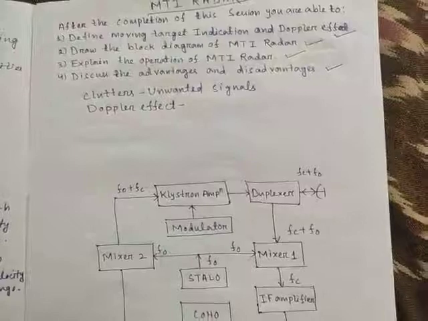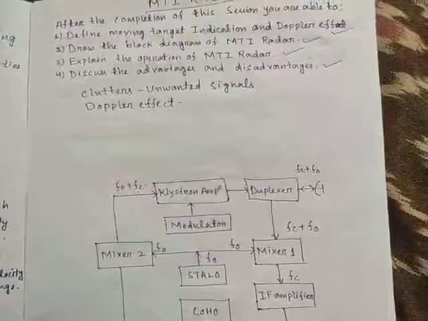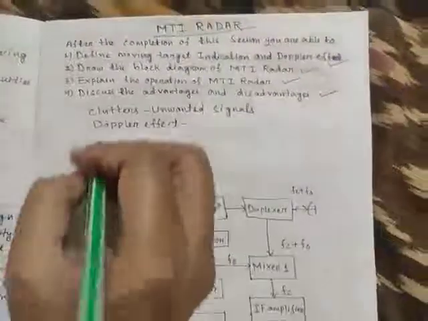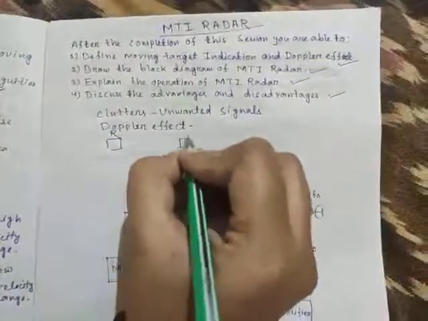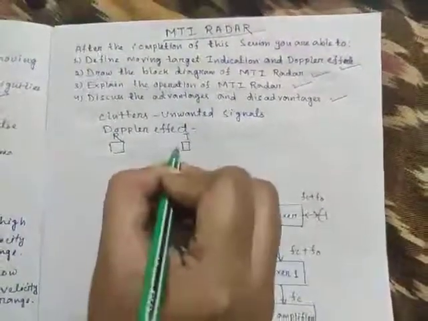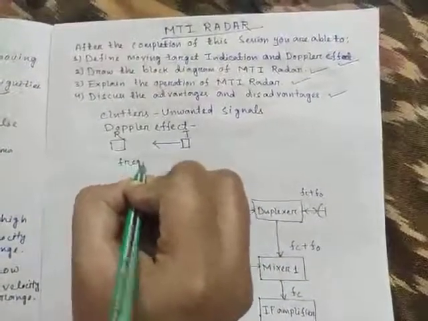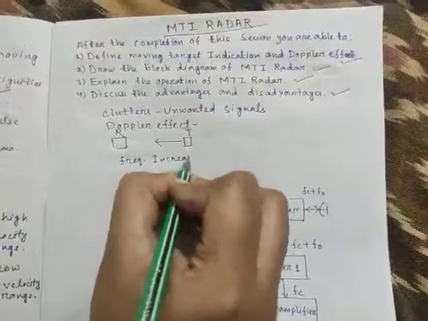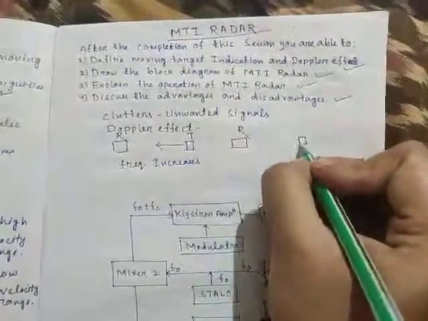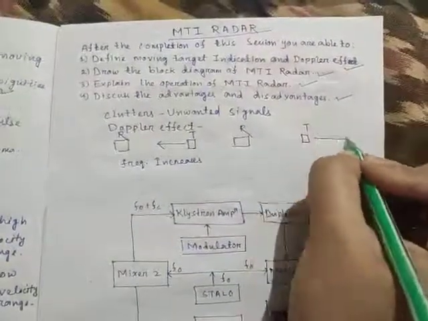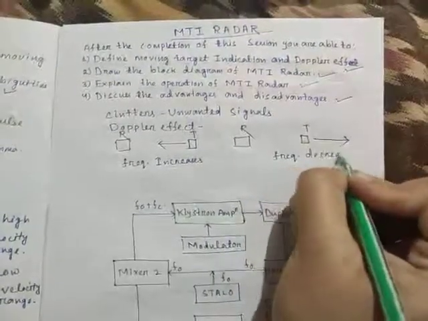Similarly, the frequency of the received signal will decrease if the target is moving away from the radar. Means if we assume this as radar and this one is the target, then if the target is moving towards the radar, frequency increases, and if the target is moving away from the radar, frequency decreases.